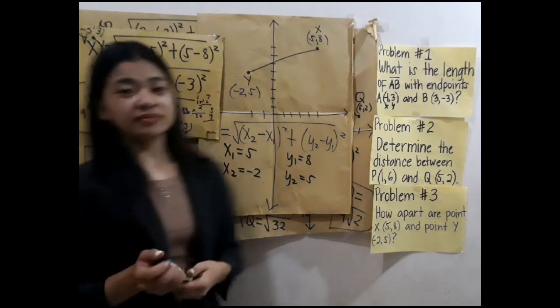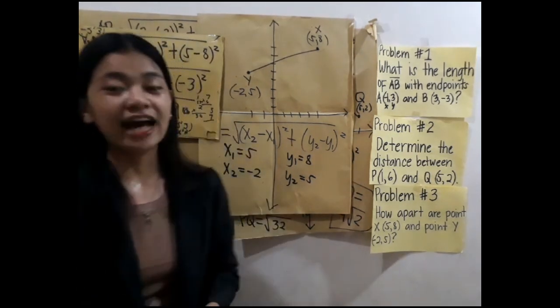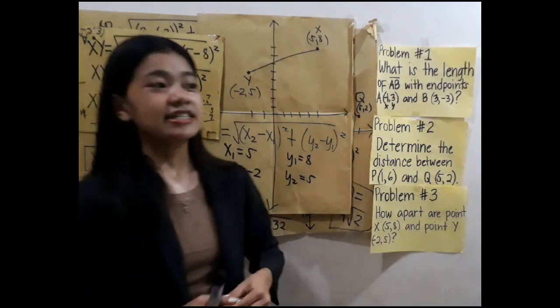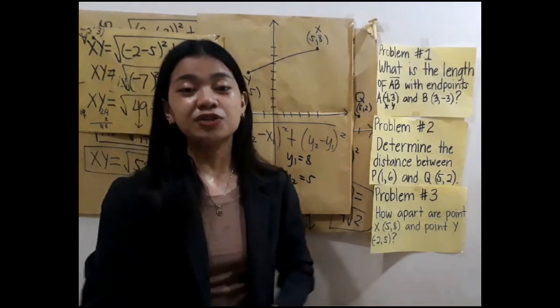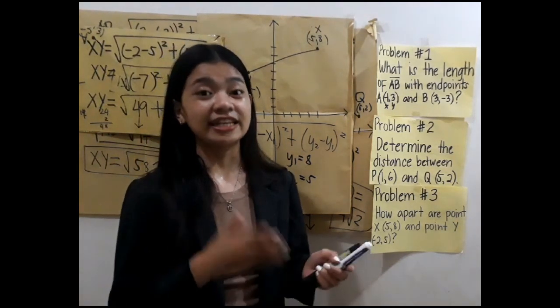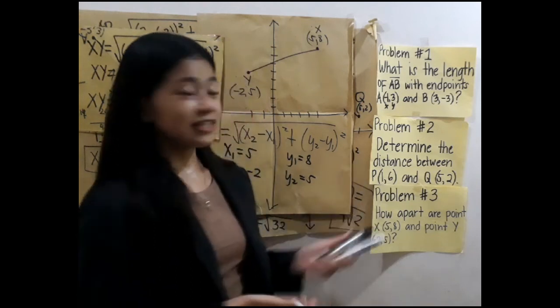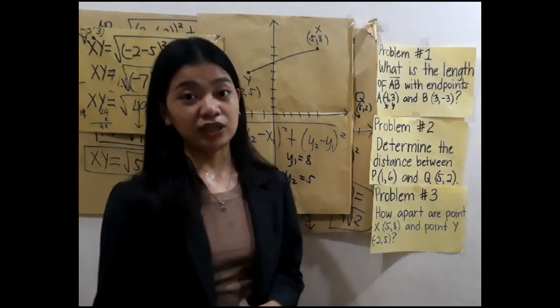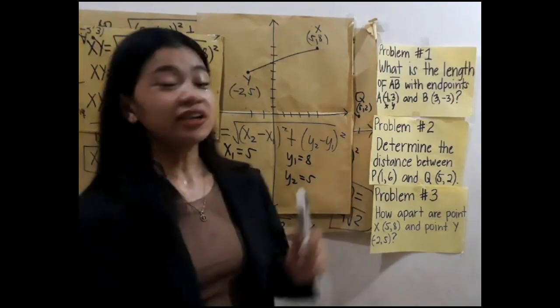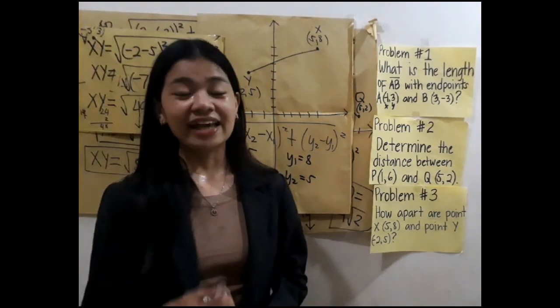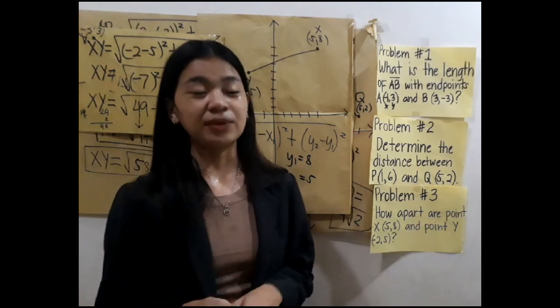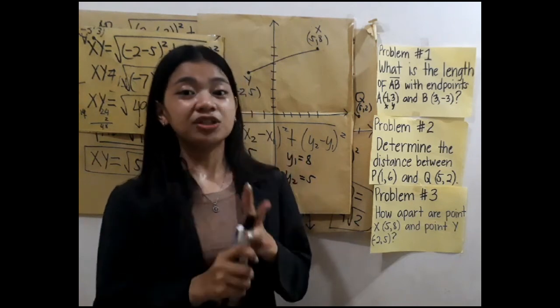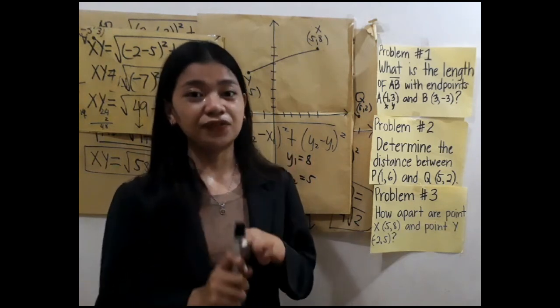So, in conclusion, analytic geometry is the study of geometry using a Cartesian or coordinate system. The distance formula is used to calculate the distance between 2 points. Our Cartesian coordinate plane is composed of 4 quadrants: quadrant 1, quadrant 2, quadrant 3, and quadrant 4.